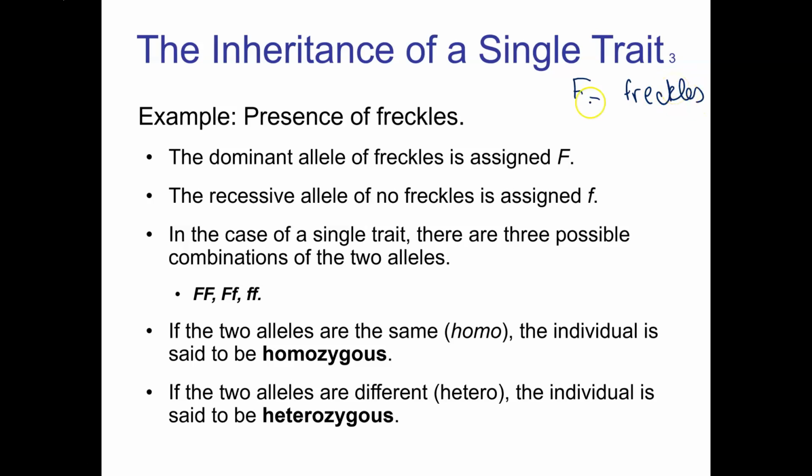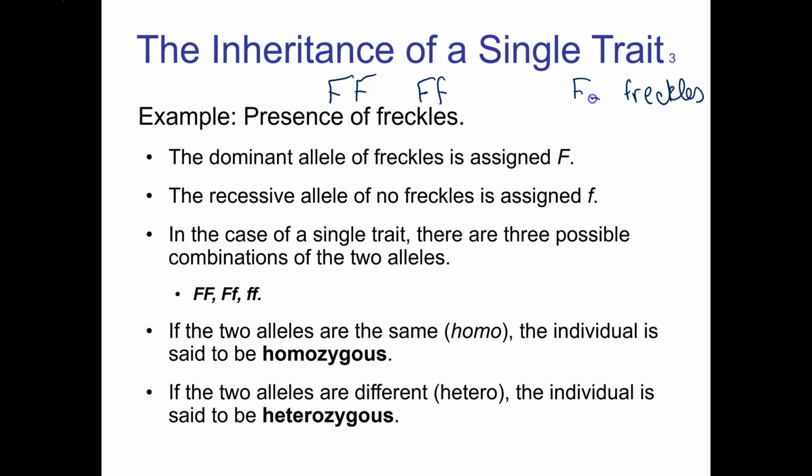So this line here that I put indicates the other allele. But if you're dealing with a completely dominant trait, if you have one dominant F, then you have that characteristic. You can have another dominant F and still have the characteristic, or you can be F with a lowercase f, no freckles, but you still will show freckles.